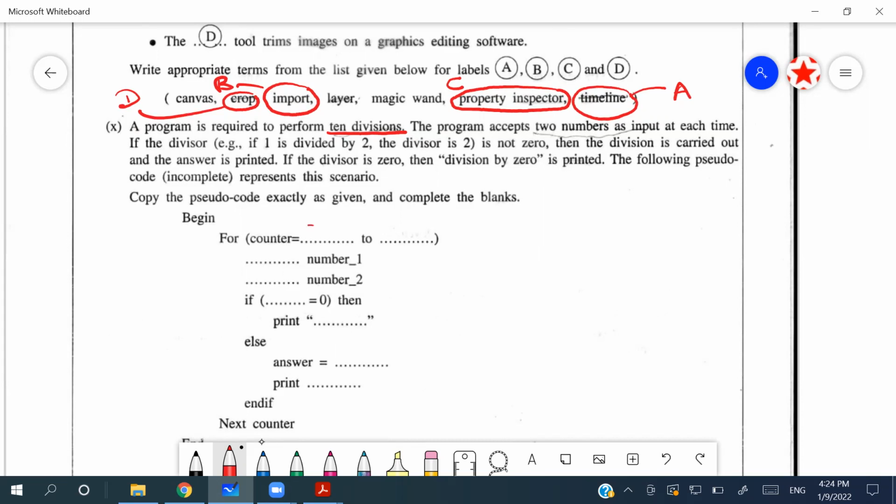Like you can say counter from 0 to 9, it still goes 10 times. Or if you say from 1 to 10, again it goes for 10 times. If you say 2 to 11, again it goes for 10 times, right?